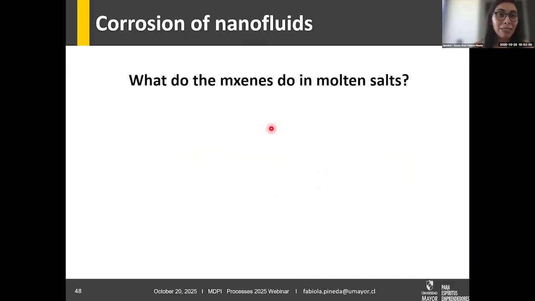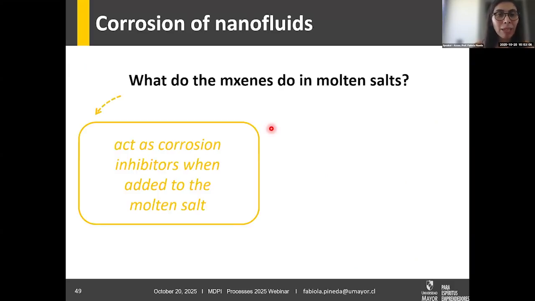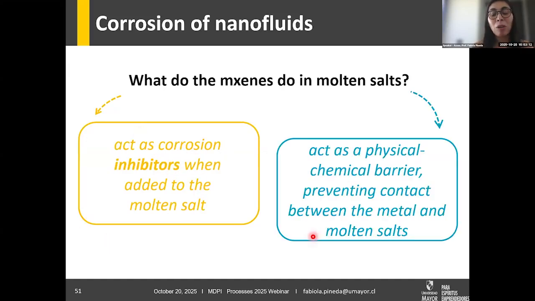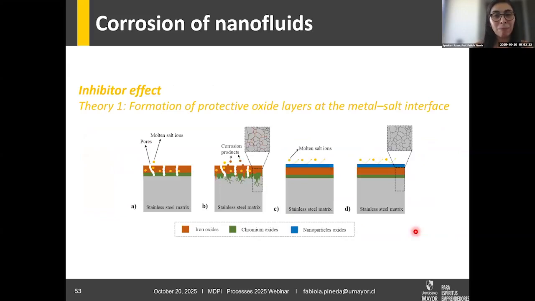Well, we can add MXenes to molten salts, to the electrolyte, or we can use MXenes to produce coatings. When we add MXenes to the media, they can act as corrosion inhibitors. And when we produce MXene coatings, they can act as a chemical barrier, preventing the contact between the metallic alloy and molten salts.